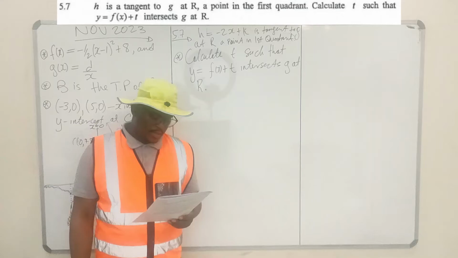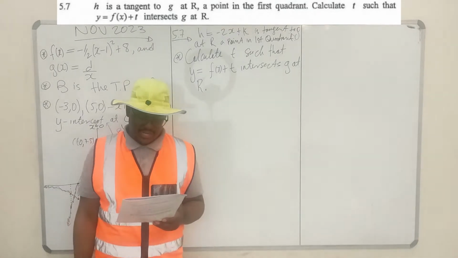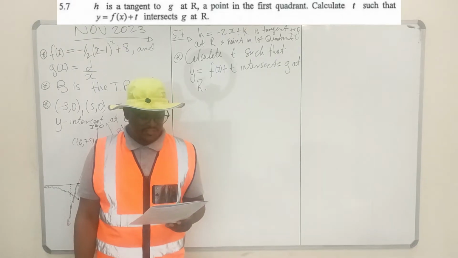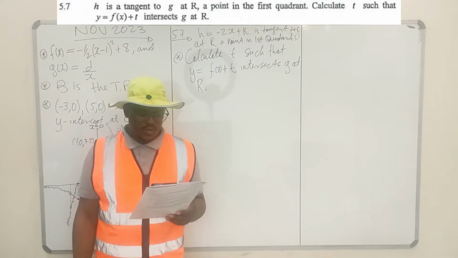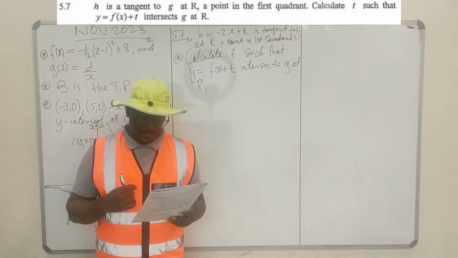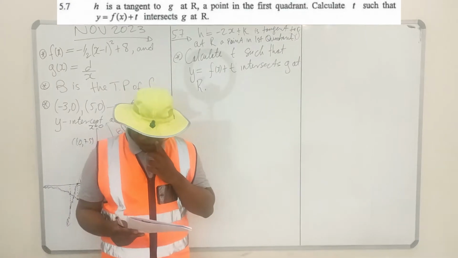It reads as follows: H is a tangent to G at R, a point in the first quadrant. Calculate the value of t such that a function defined by y is equal to f of x plus t intersects G at R. Let me read this again.